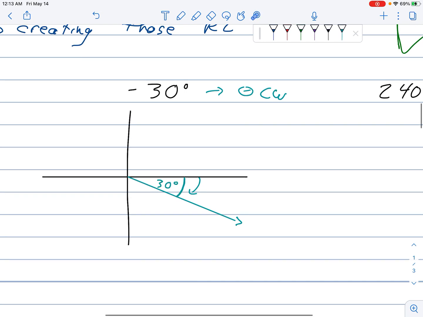What's my angle that gets me back to the x-axis the fastest? I could keep going, but look how huge this angle is. This angle's massive. What's the quickest way to the x-axis? Well, just here. How much is that? Well, you told me it's negative 30. What does the negative mean? It's this whole game with what quadrant we're in.